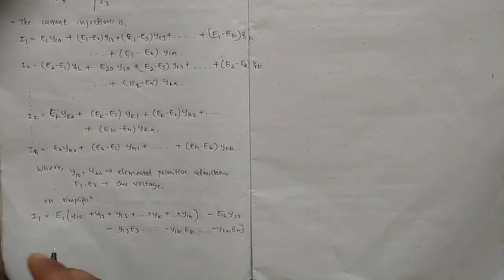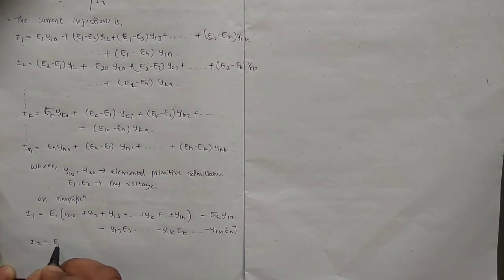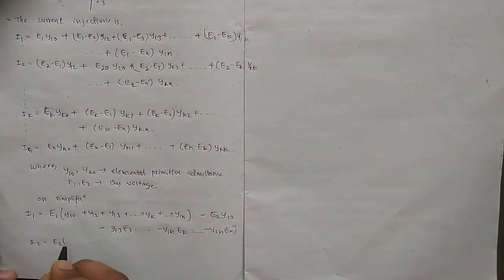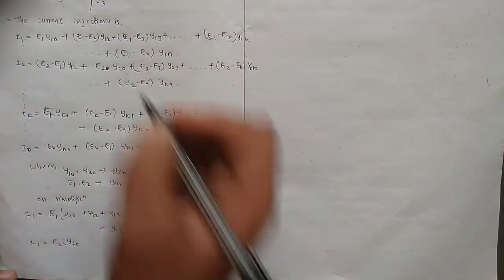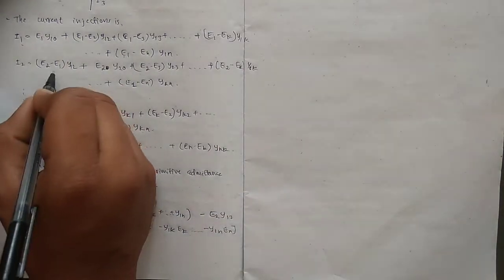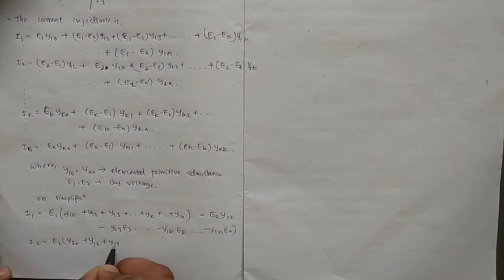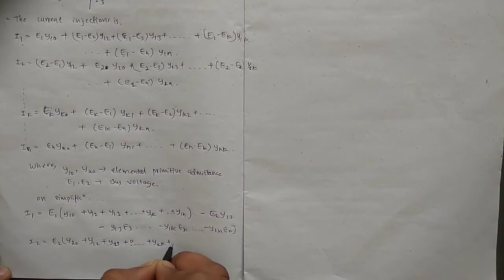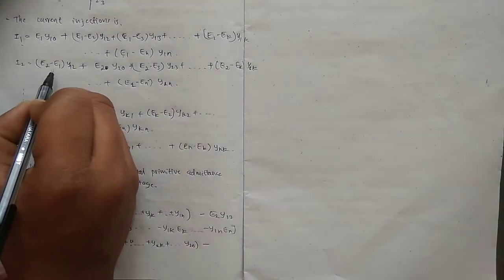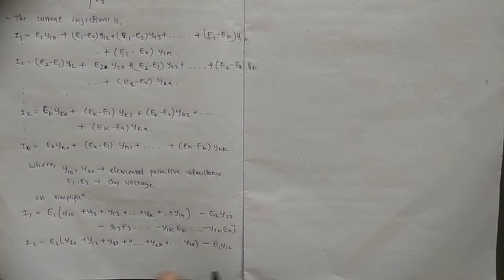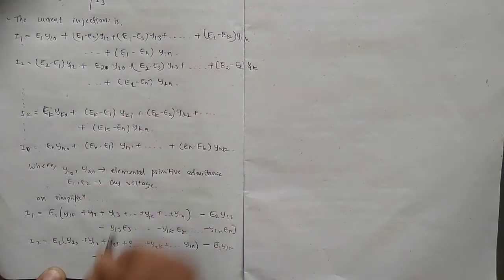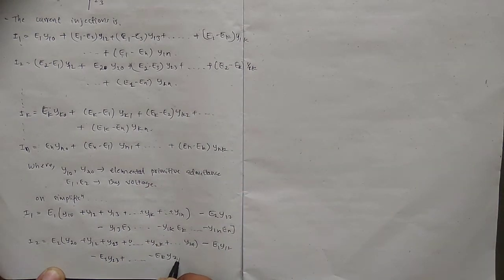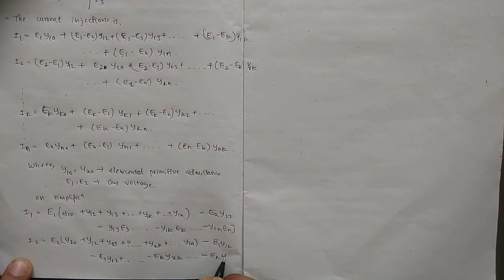Similarly, we have to write for the I2 current. I2 is equal to E2 into (Y20 plus Y12 plus Y23, and so on, plus Y2k, and so on, plus Y2n), minus E1 into Y12, minus E3 into Y23, and so on, minus Ek into Y2k, and so on, minus En into Y2n.